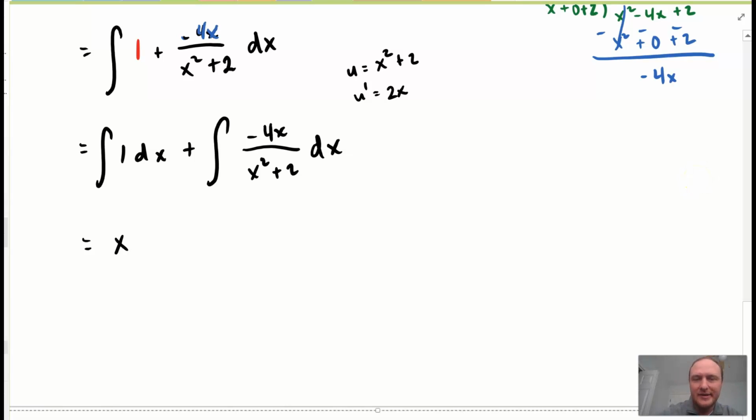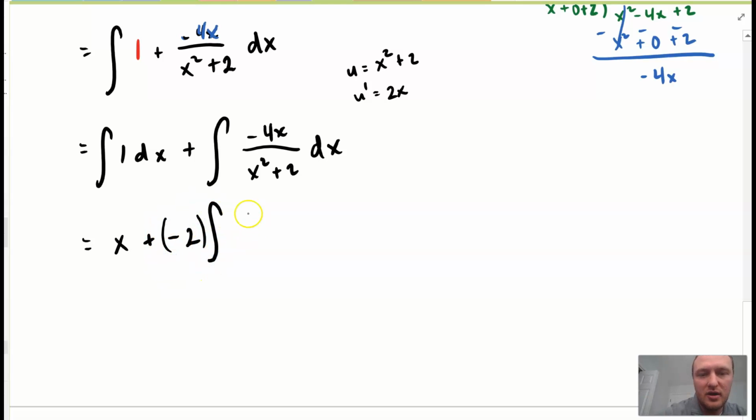So what I need to do is factor out a negative 2. So I'm going to factor out a negative 2, plus negative 2 times the integral of 1 over x squared plus 2 times 2x dx. Okay, and there's our hook.